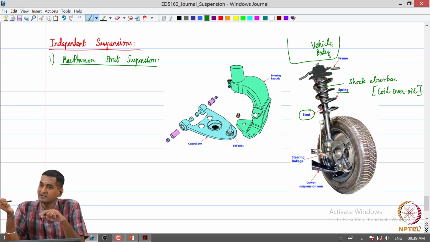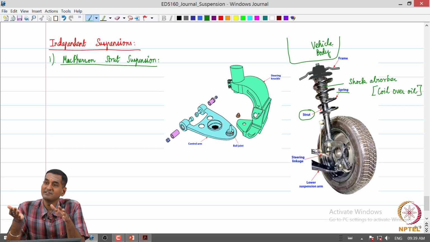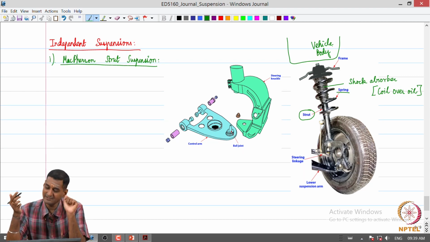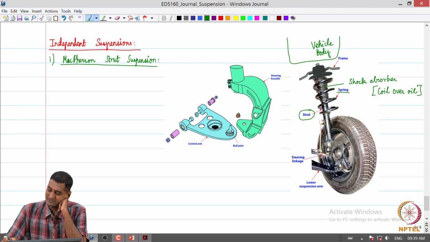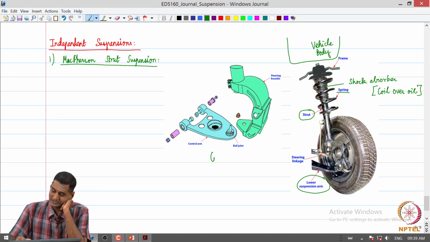However, we can immediately see that we have to provide some other elements to support the wheel assembly in the other directions, that is the longitudinal and lateral directions, with respect to the vehicle body. That is where we have what are called suspension arms or control arms. So, this is a control arm which is typically connected at the bottom, here.